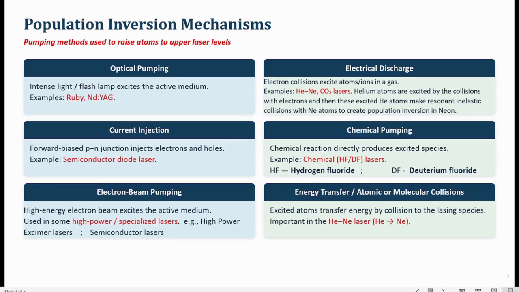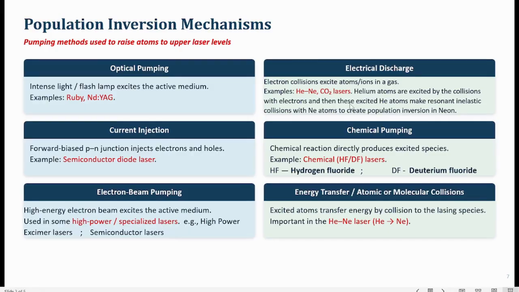This electrical discharge will give rise to electrons, and these electrons will collide with the atoms of helium, and these excited helium atoms then lose their energy in making resonant elastic collisions with neon atoms, and the population inversion is created between the levels of neon atom.